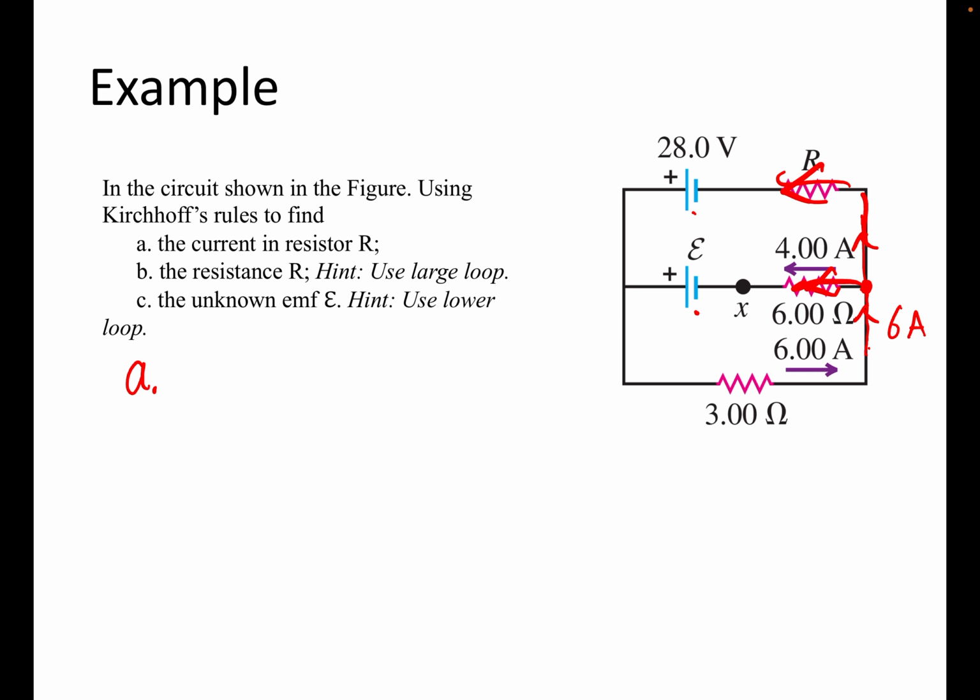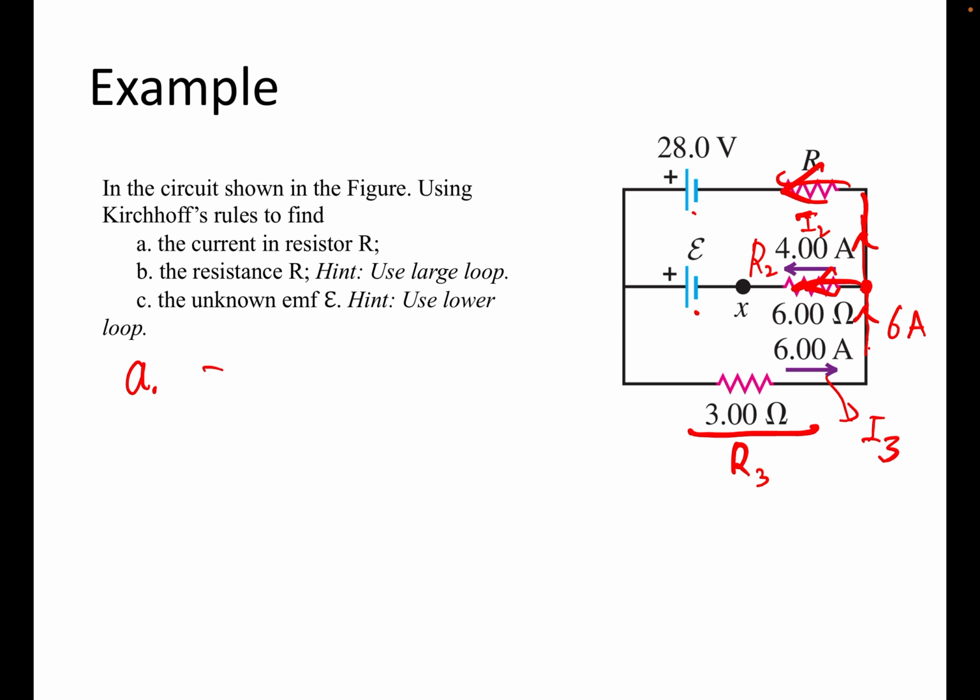This one is R1. Let's call this one R2 and I2. So I2 is 4. Let's call this one I3.